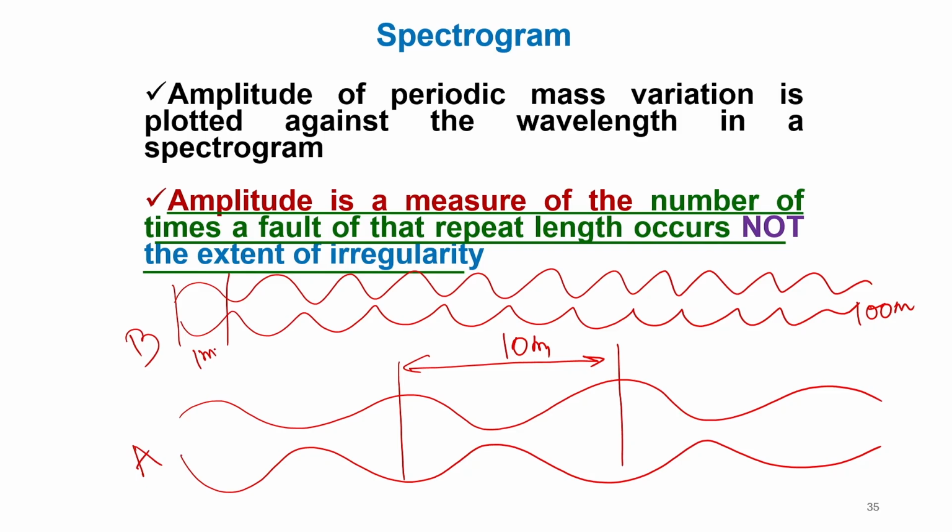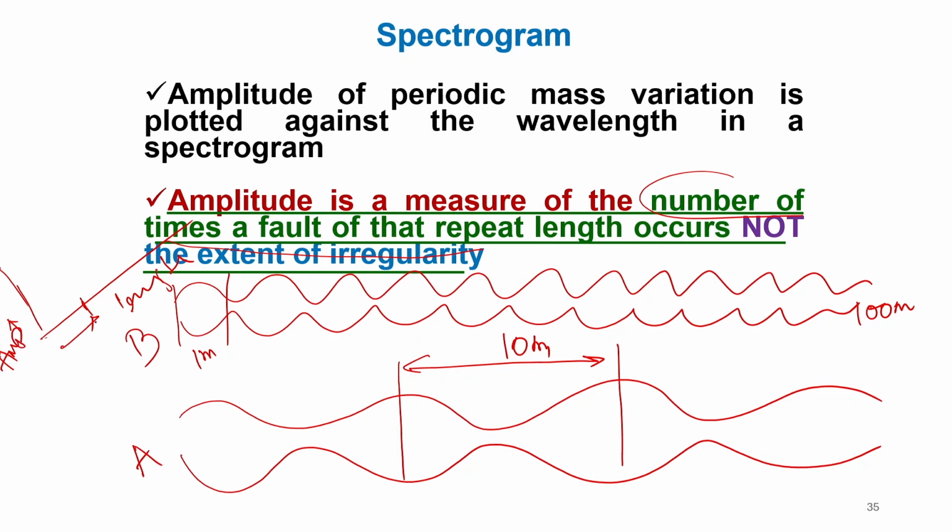Here in the spectrogram, it measures the number of times the fault repeats of that length. The x axis is the length and the y axis is the amplitude.